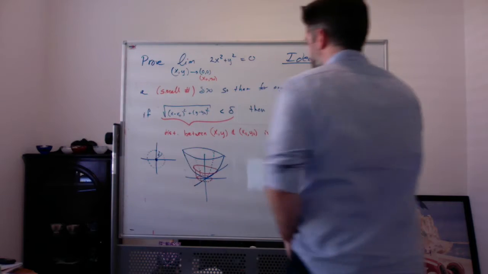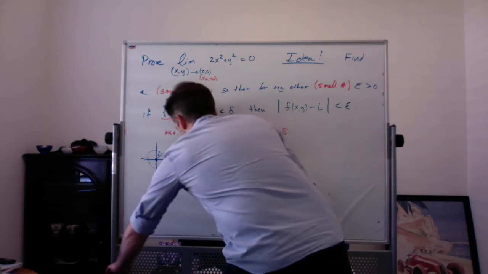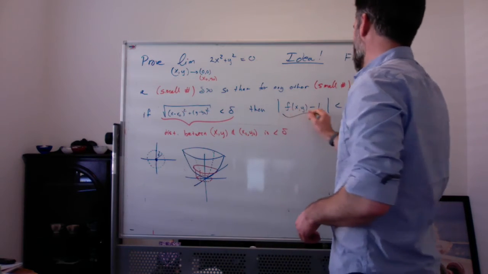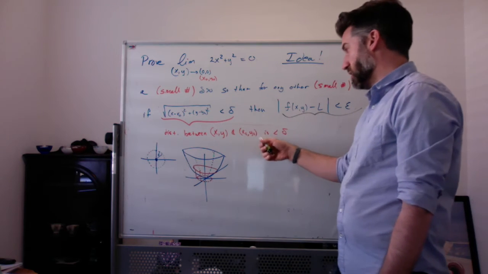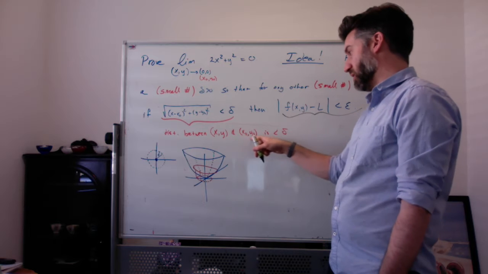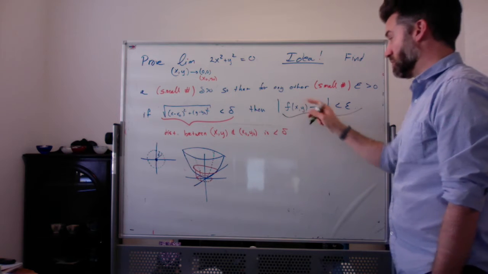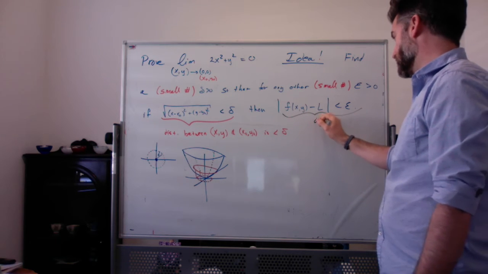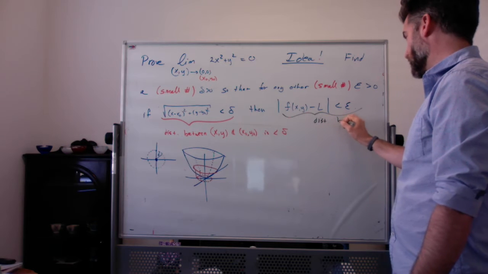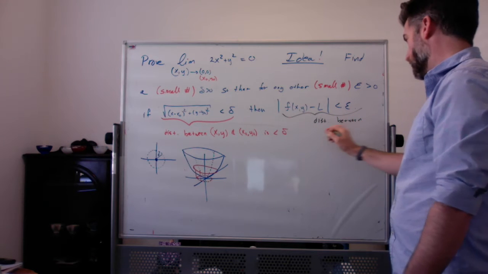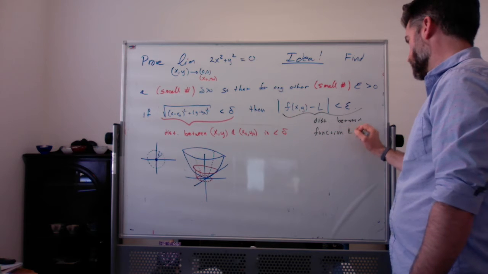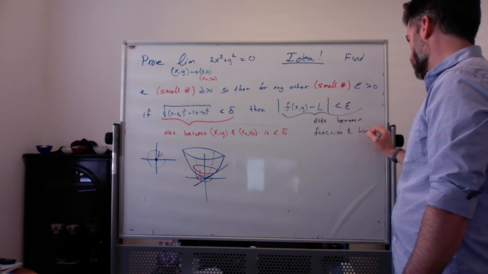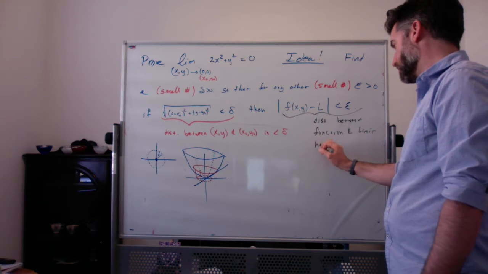So all this part is saying over here, let's do a different color just so you can differentiate, that if the distance between (x, y) and (x naught, y naught) is small, then the distance between the function and the limit value also has to be small.